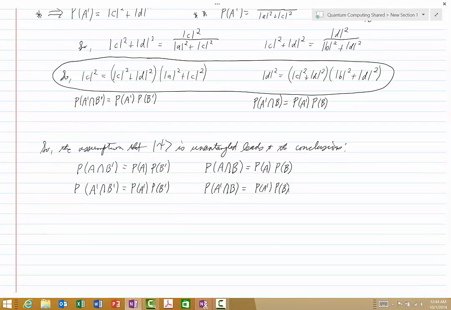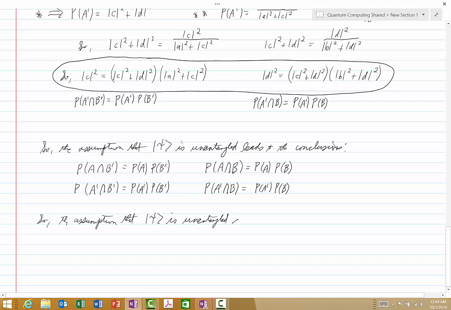And so therefore, the assumption that C is unentangled means that Alice's measurement is independent of Bob's.